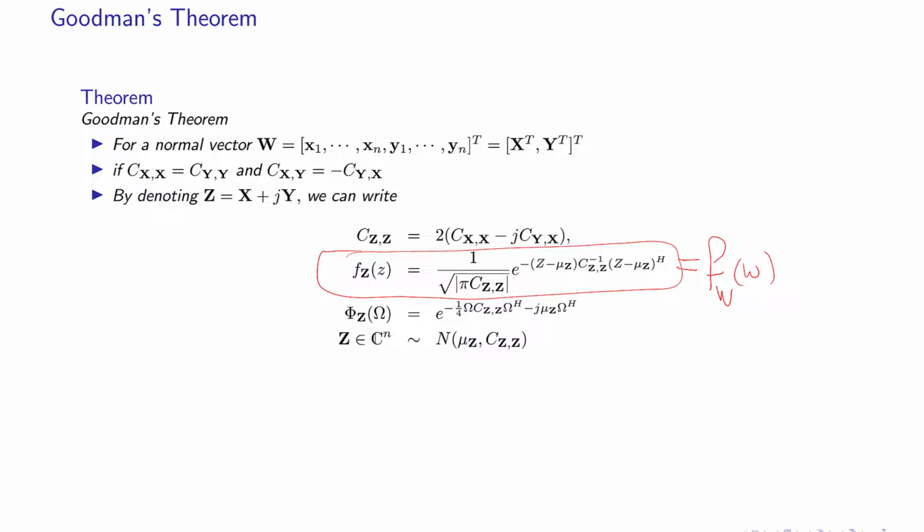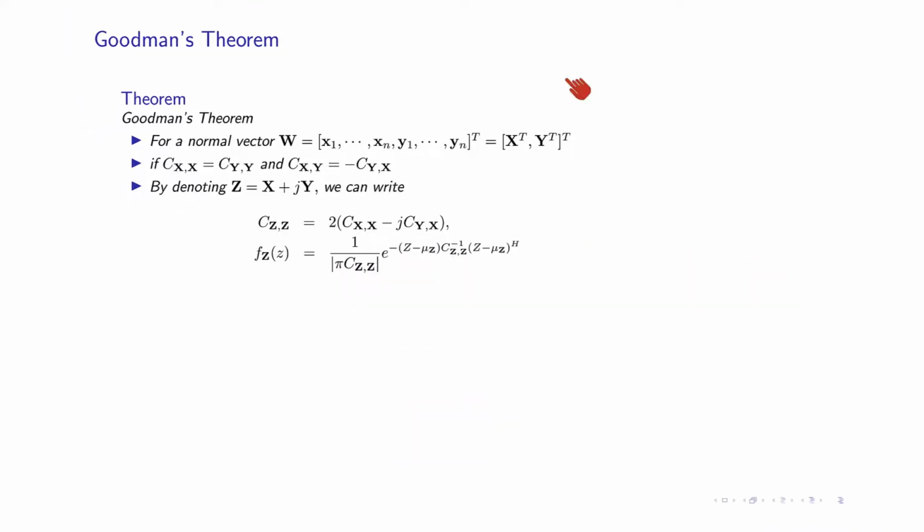So remember that FW of W was 1 over a square root of, here we don't need to have, we shall not put pi here, this is wrong. So we want to show that the distribution of the random variables can be written in this form.